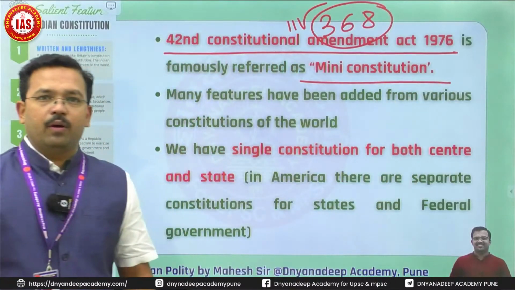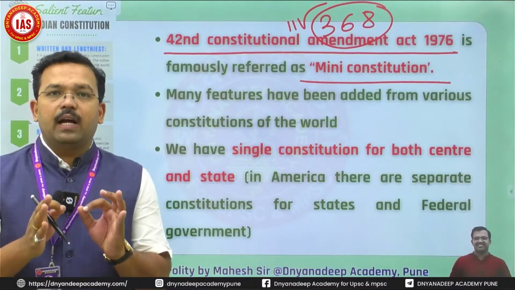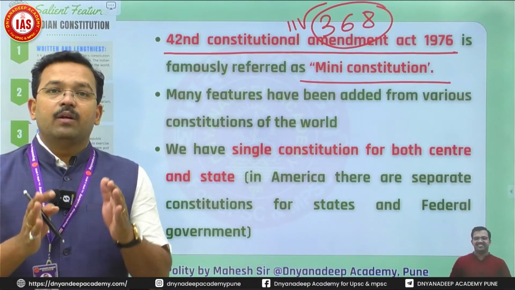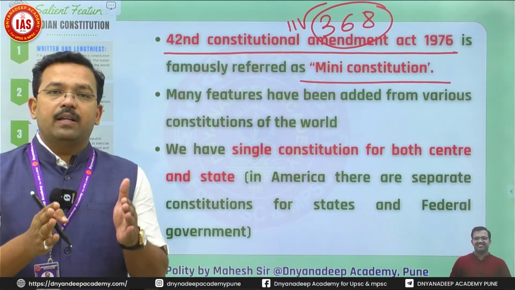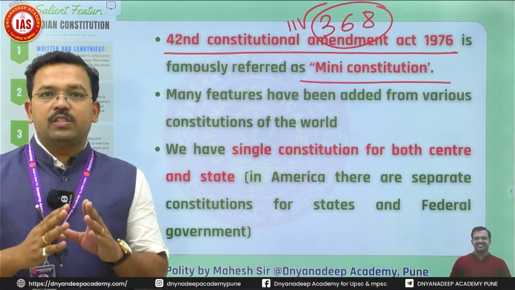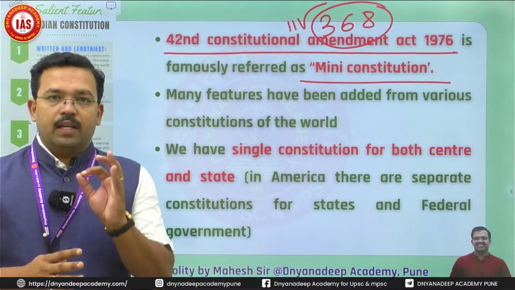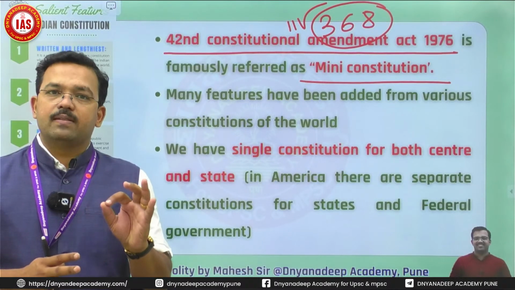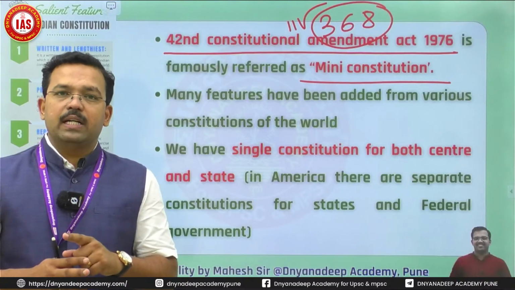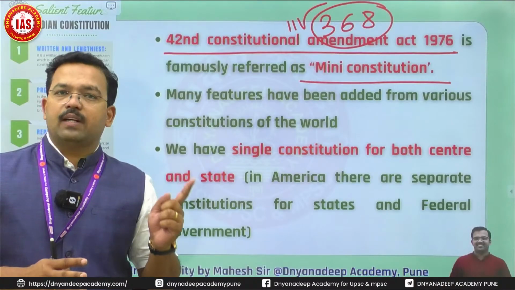Why? Because under this 42nd Amendment Act, Indira Gandhi made an attempt to change fundamental parts of the Indian Constitution. She brought many more changes into the Constitution. That's why, first thing, can we amend the Constitution? Yes. By which article? Article 368, and the most important amendment is the 42nd Amendment Act.